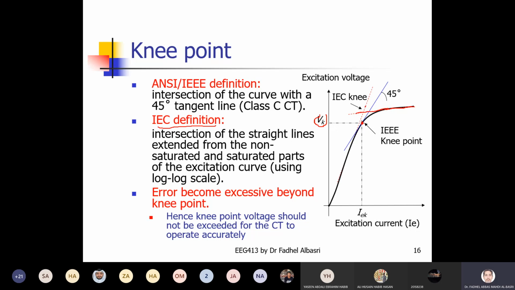You intersect these two at this point. This is the knee point corresponding to the IEC definition, and this is the knee point voltage, and this is the current at which that knee point is defined.